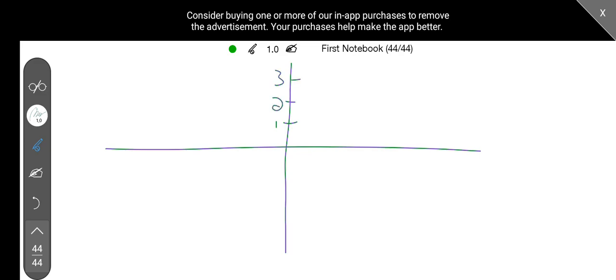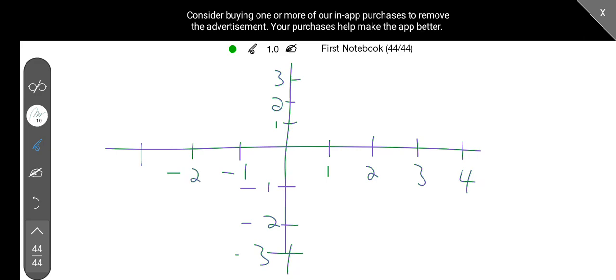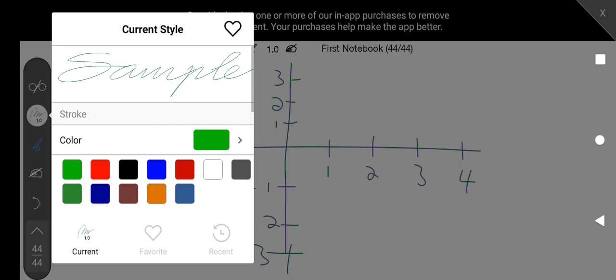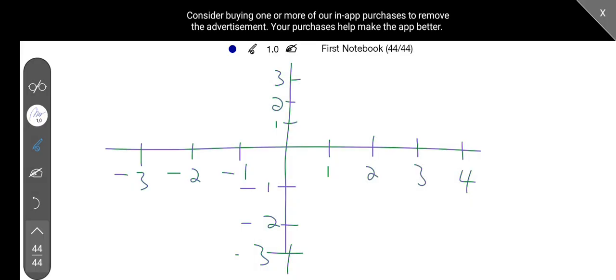Note that mine are not to scale. And here we'll have 1, 2, 3, 4. And this side is minus 1, minus 2, minus 3. And this side is minus 1, minus 2, minus 3. So we're going to plot the coordinates which we have calculated. We had minus 2 and 0, so that's going to be here.